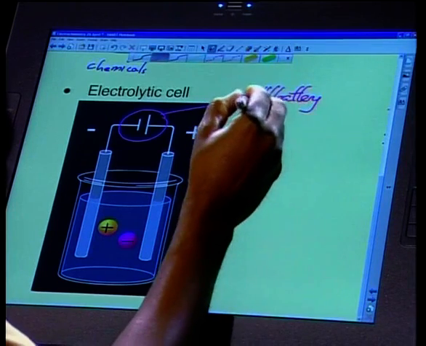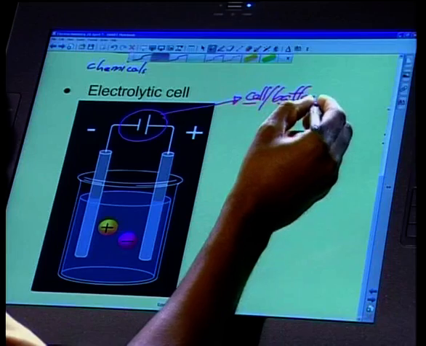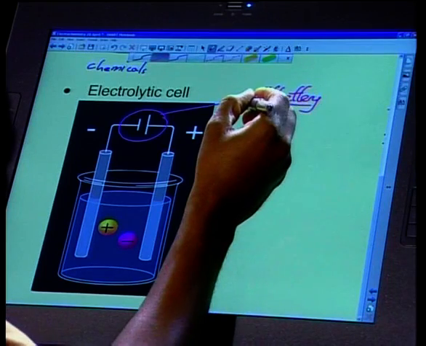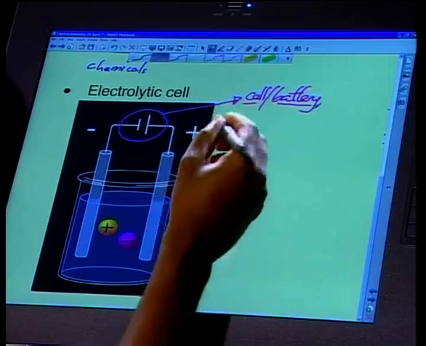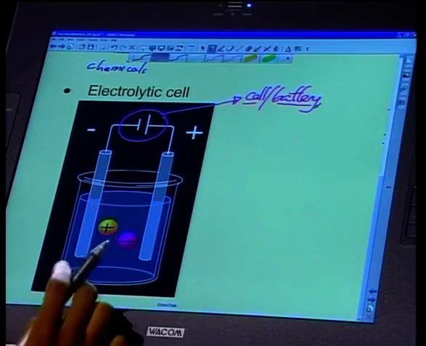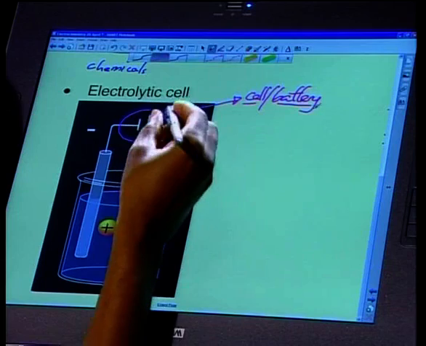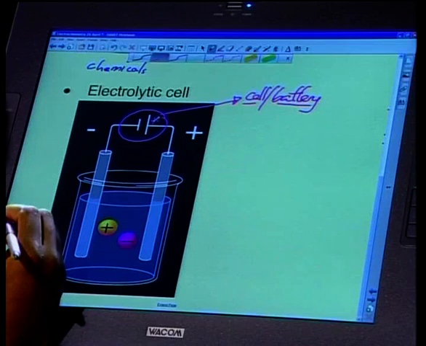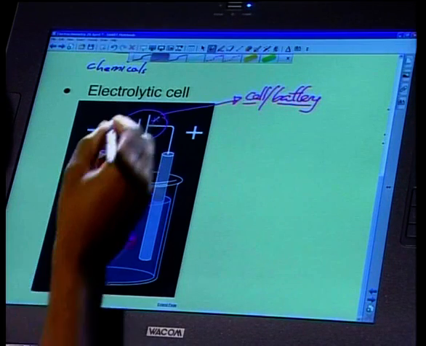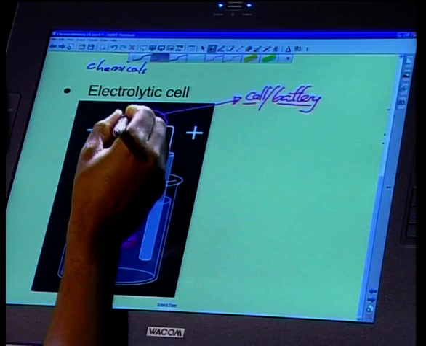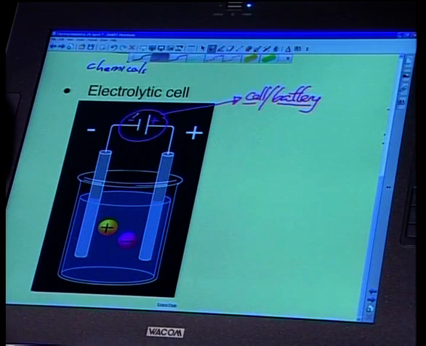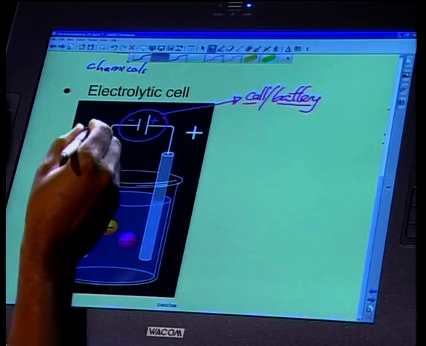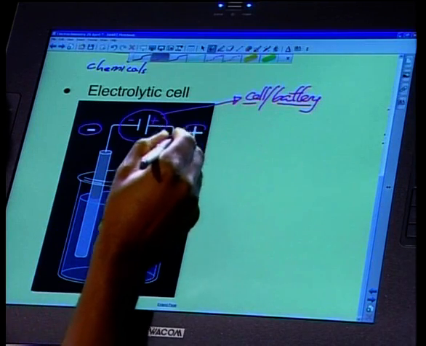Remember the difference between cell and battery? A battery is made up of a number of cells connected together in series. So that could be a cell or a battery. And of course, the long arm here represents the positive terminal of the cell, and that represents the negative terminal of the cell. Hence, we have got the negative here and the positive there.